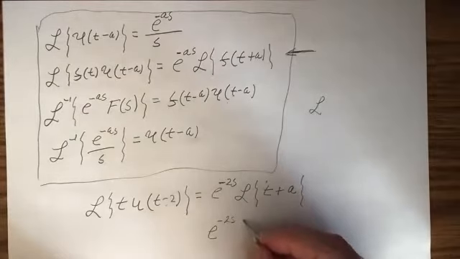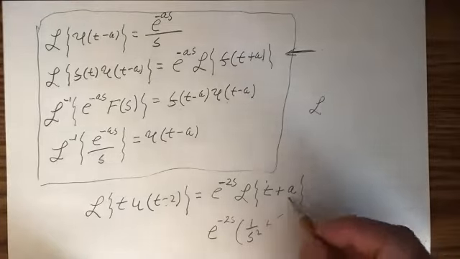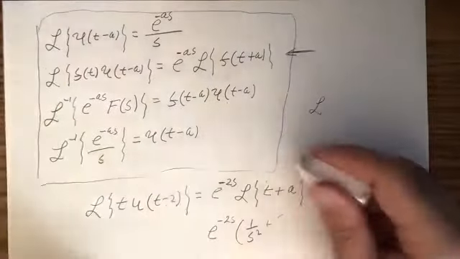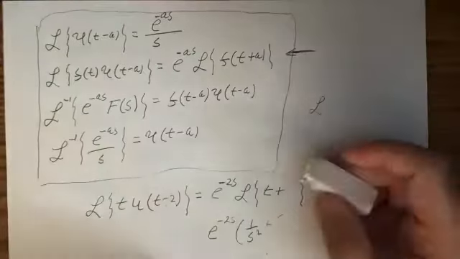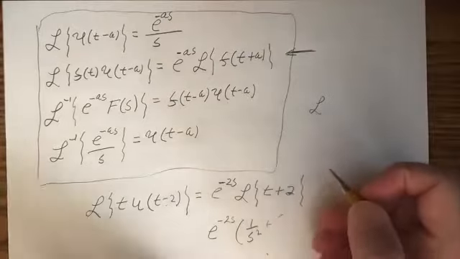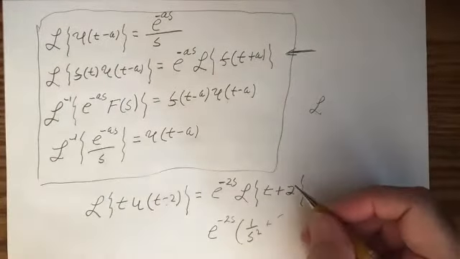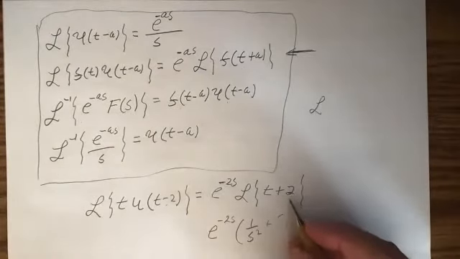I hope everybody knows that. So this is going to be 1 over s squared, and the Laplace transform of a is just going to be a, but in this case our a is 2. The Laplace transform of 2 is 2 over s.